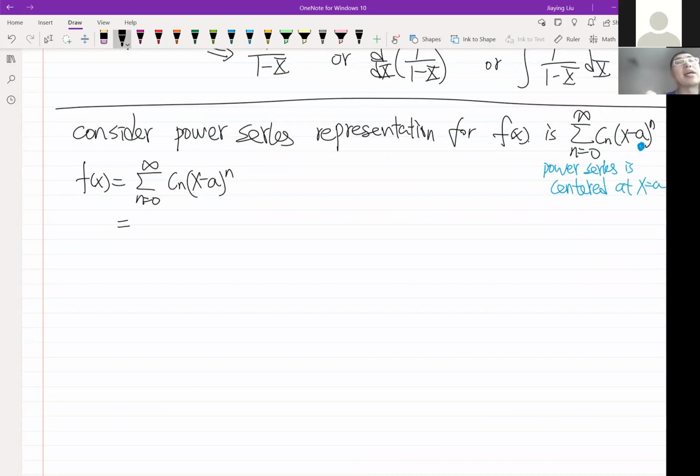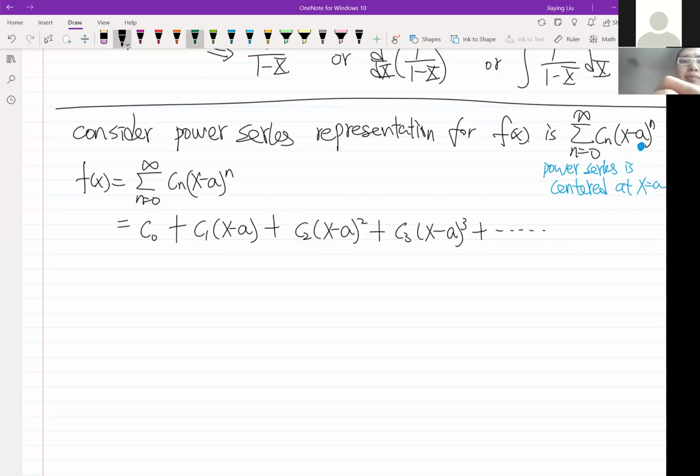If we expand it by plugging in n equals 0, n equals 1, 2, and so on, we get c sub 0 (x minus a)^0, which is 1, so we just get c0, plus c1 (x minus a) to the first power, plus c2 (x minus a) squared, plus c3 (x minus a) cubed, and so on.